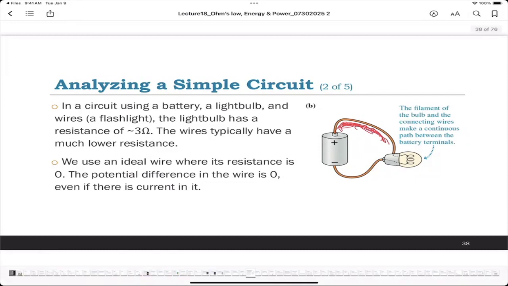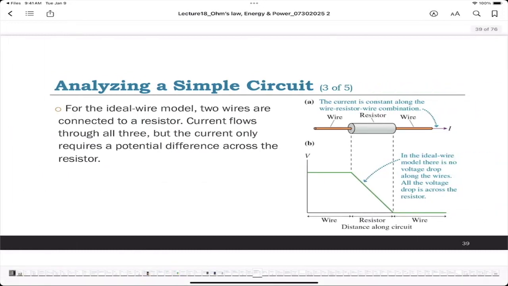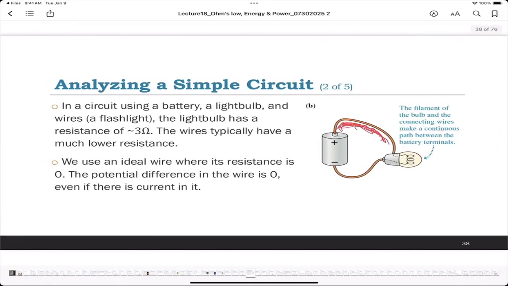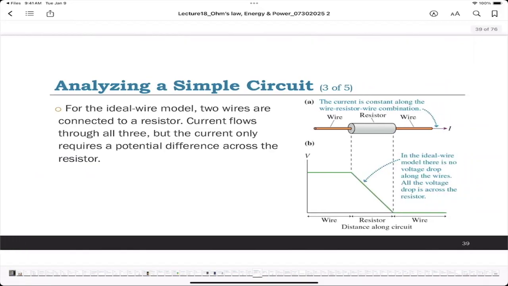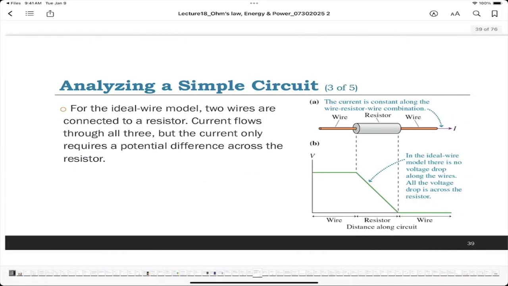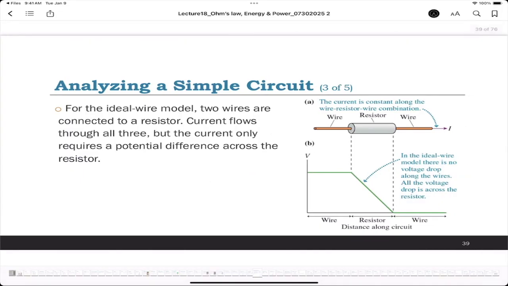Then, for the ideal wire model, two wires are connected to a resistor because we consider the bulb as a resistor. Current flows through all three, but the current only requires a potential difference across the resistor. You can see here the current is constant along the wire-resistor-wire combination.